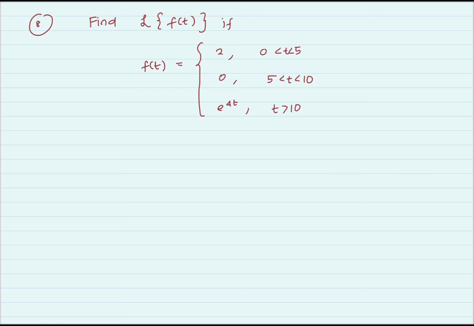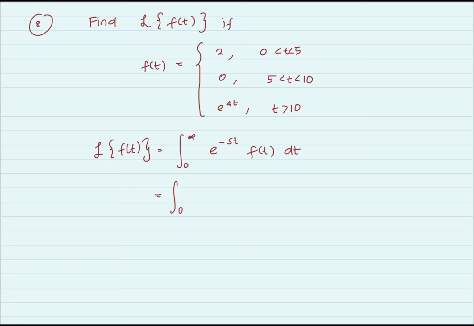Alright, so we know that the definition of the Laplace transform is the integral from 0 to infinity of e^(-st) f(t) dt. Since for this case we have different ranges, 0 to 5, 5 to 10, and t greater than 10, we can separate f(t).